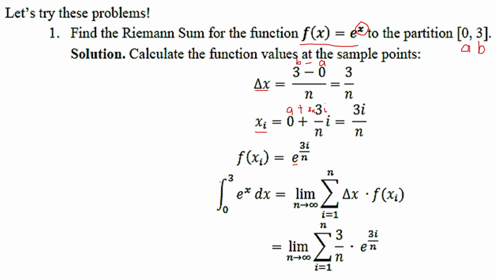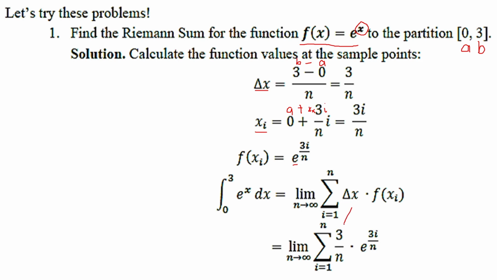So our f of x sub i is equal to e raised to 3i over n. To write it as the definite integral from 0 to 3 of e raised to x dx, it is equal to the limit as n approaches positive infinity of the sum from i equals 1 to n of delta x times f of x sub i. So this is our formula. When we get the answer, we get the limit as n approaches positive infinity of the sum from i equals 1 to n.